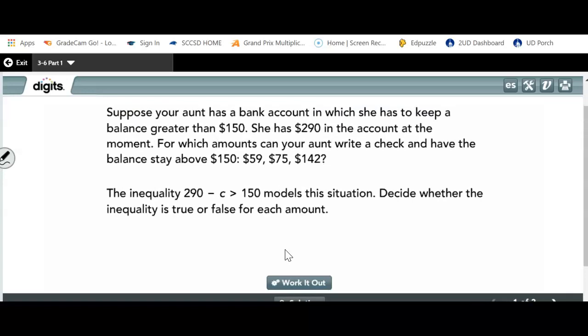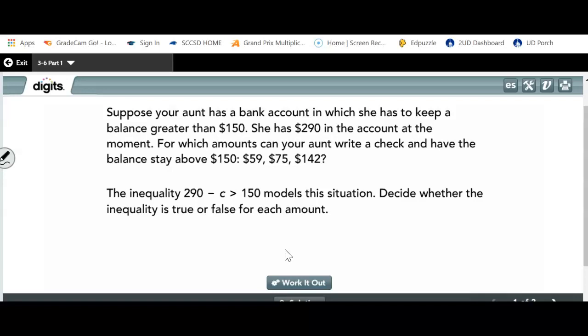Really weird. All right, so just like equations, inequalities can have one-step problems. In this scenario, $290 represents what? Good. The amount of money that's in the bank account right now. Minus C. What does minus C represent?